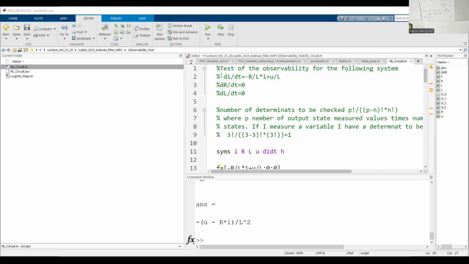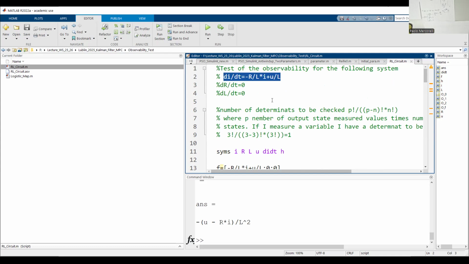Because if the current and the derivative of the current with respect to the time are zero, try to imagine here L. The equivalent expression here is L multiplied by this expression equals minus R multiplied by I plus U. If this derivative is zero, I cannot estimate L because I annihilate L. I mean, independently of L, if this is zero, I cannot see L in the equation.